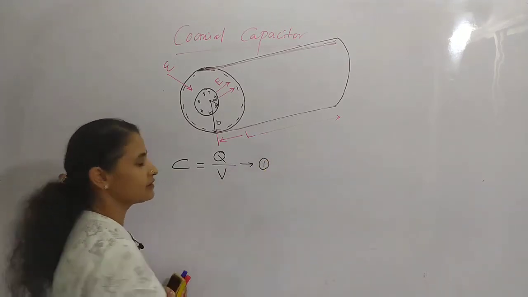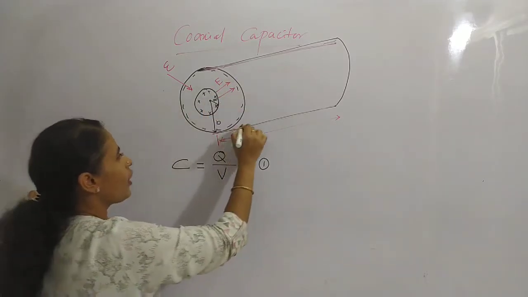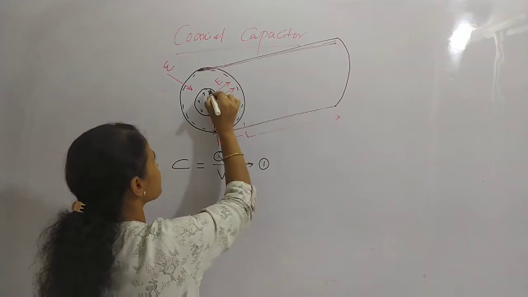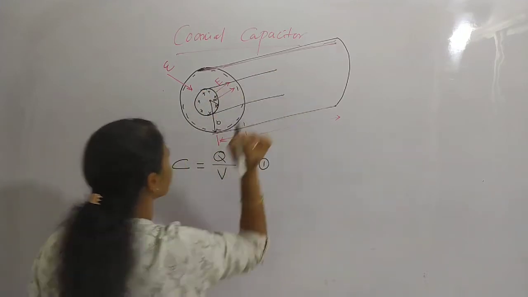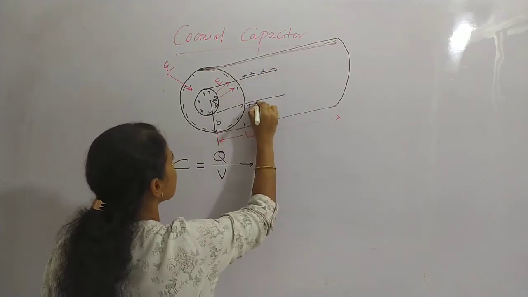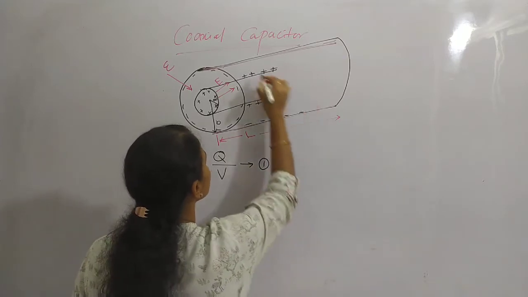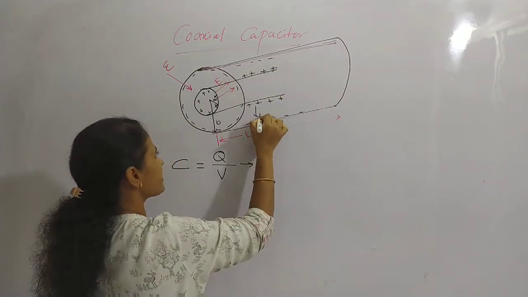Let this be equation 1. Here, along the length there are charges on the inner and outer conductors. This is with positive charges and this is with negative charges. Again, here is an electric field.